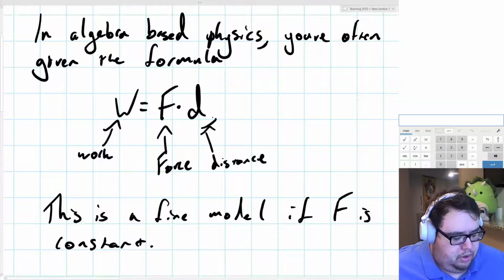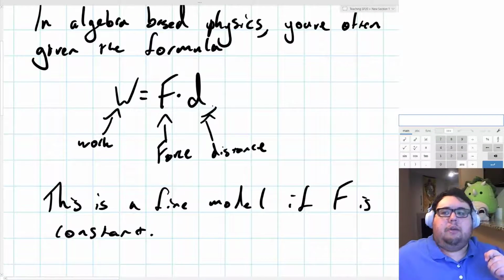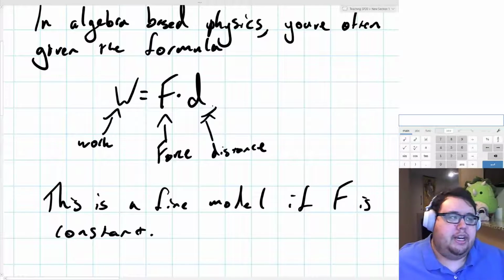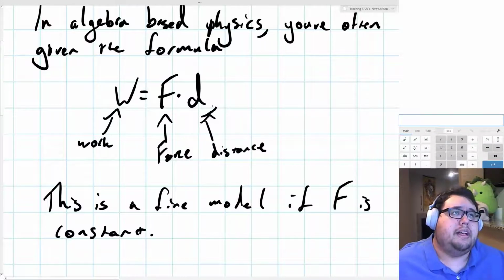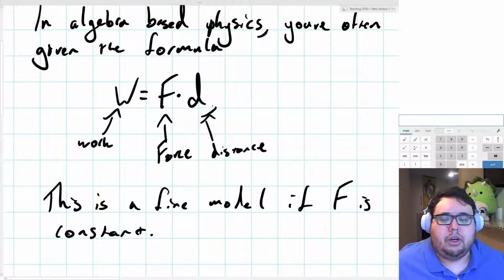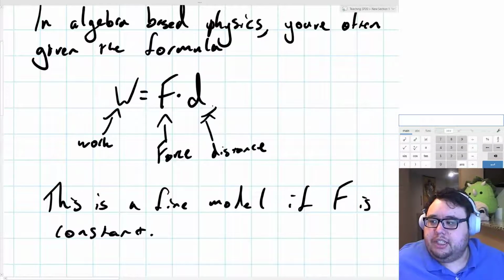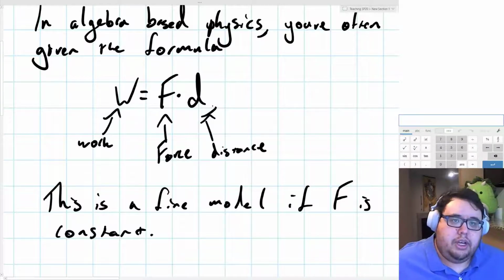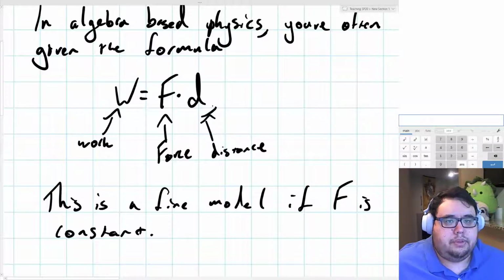For example, if you're lifting a bucket with a string that has a negligible weight, then the only mass that matters is the bucket. So it doesn't matter that much that the length of the string, and therefore the amount of string that you're lifting, changes. However, in the real world, forces are rarely constant.